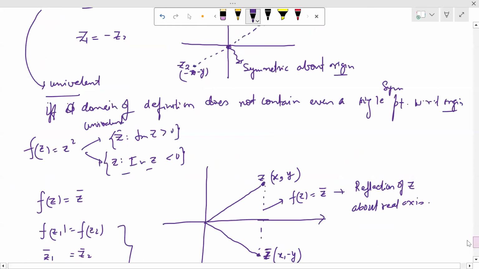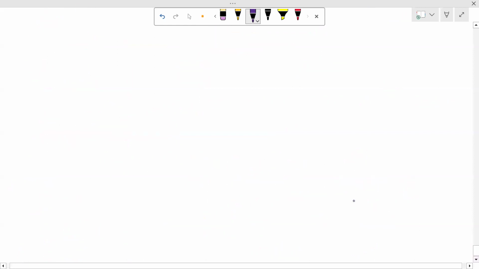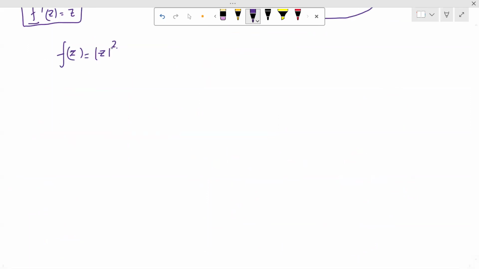This is something that you've already done, but since we are discussing functions, I'm discussing all these things in detail. What about f(z) = |z|^2? Initially, let us take |z| only. What is it going to do?